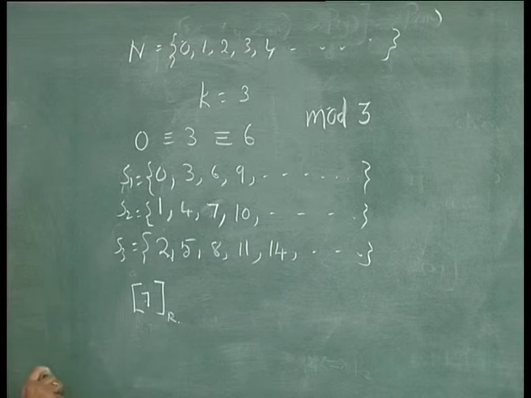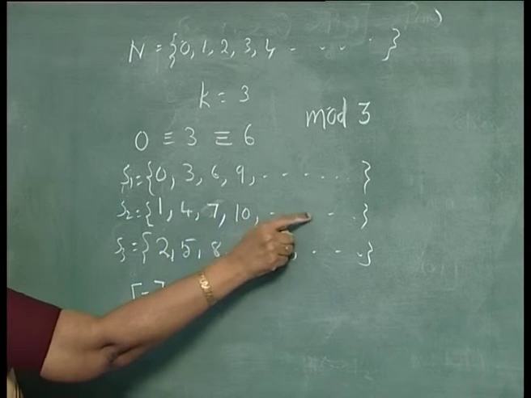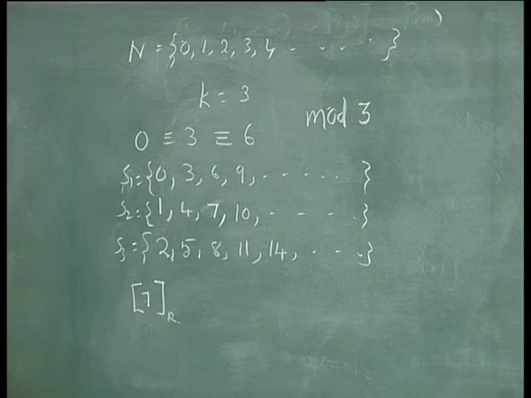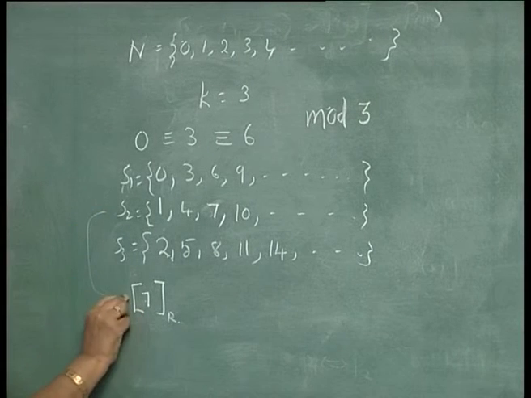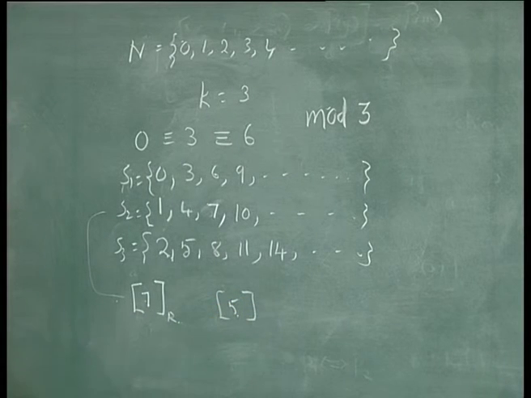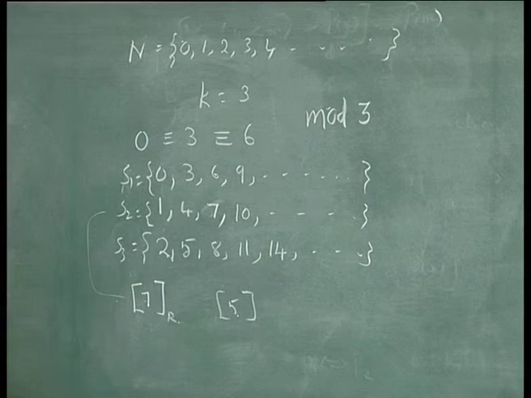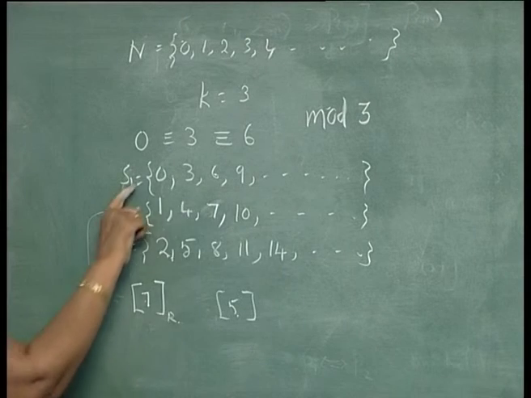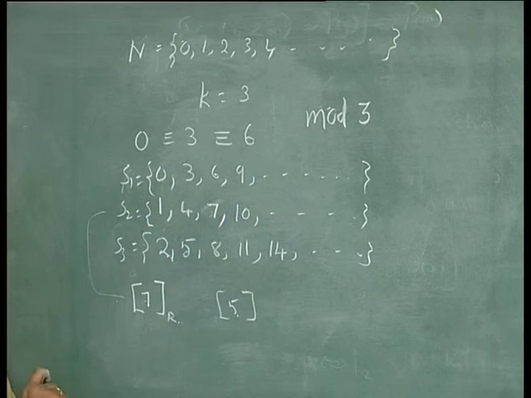Of course, if you want to specify the relation, you can mention it as R. So all elements which are related to 7 belong to this equivalence class, and if you say 5, all elements which are related to 5 belong to the equivalence class. So, this is one equivalence class. Here there are 3 equivalence classes. This is one equivalence class, this is another, and this is a third equivalence class.